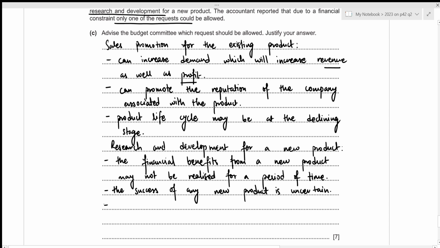Then the next thing that we can write down is that by investing in a new product, the competitiveness of our business might be ensured within the industry. So new products ensure the competitiveness of the business in the future.